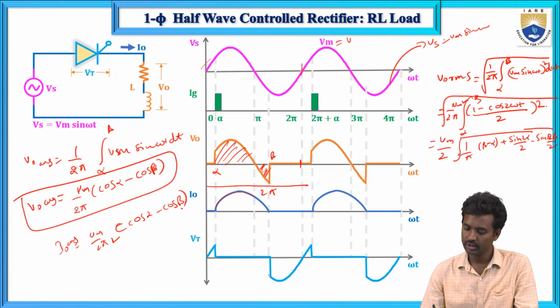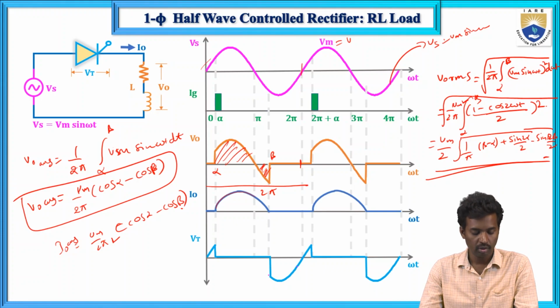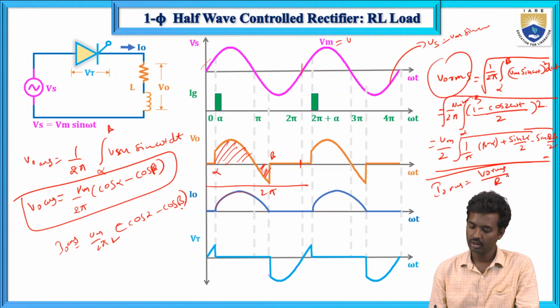This is the RMS value of the output voltage of the single phase half wave controlled rectifier with RL load. If you want I naught RMS, it equals V naught RMS divided by R.